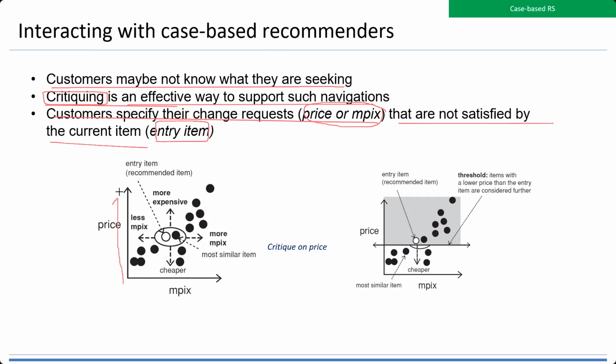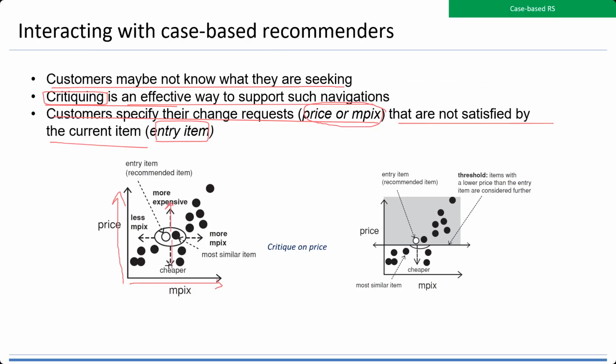So here is the price and this is the MPix. So we can make a kind of coordinate. If the price is high, then it goes to the right. Now we want to check the optimum solution. If it is more expensive, it goes up.